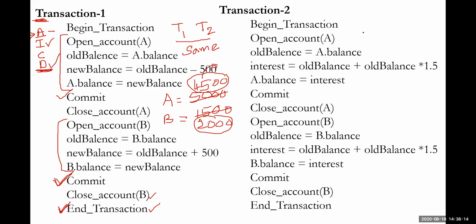For example, if I consider that transaction 1 has 14 instructions executed in a sequence, then the ACID properties are satisfied completely.